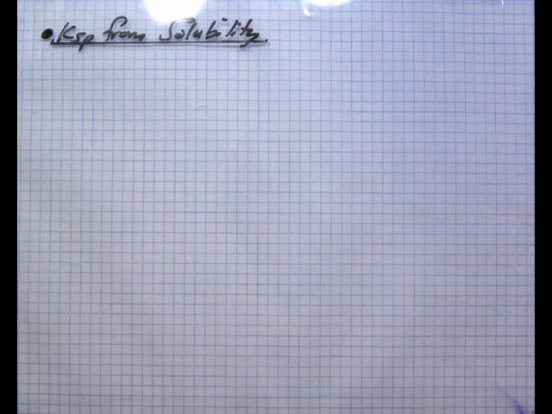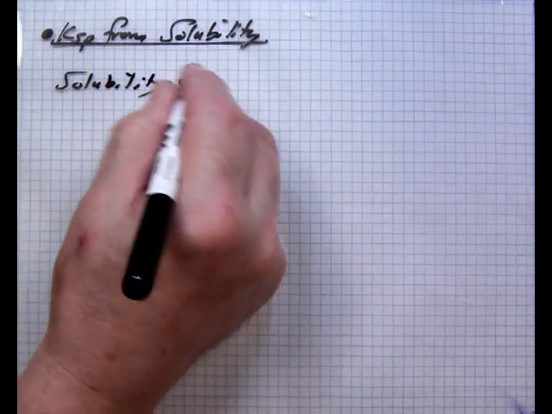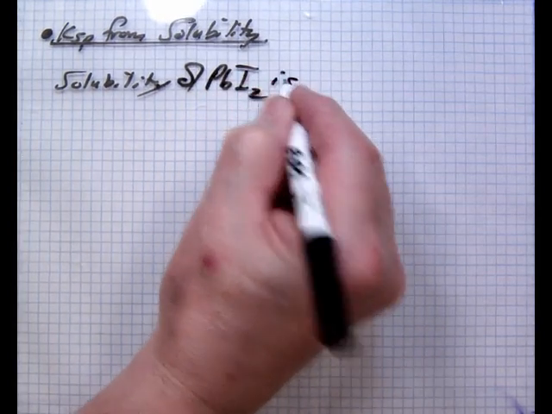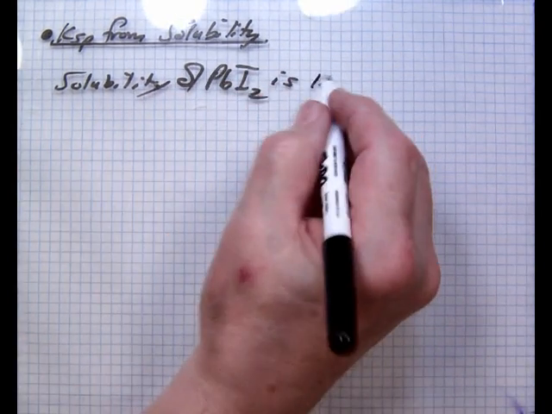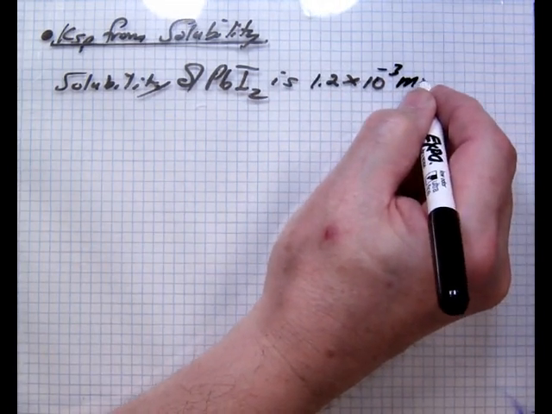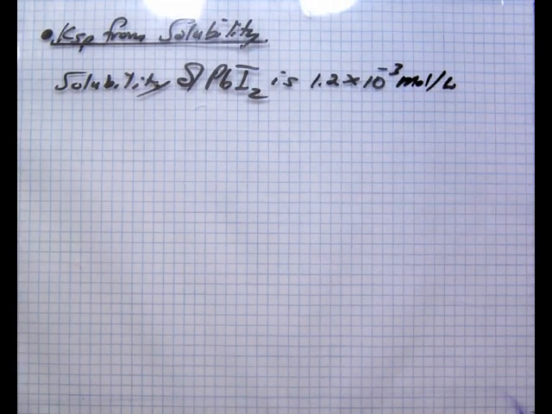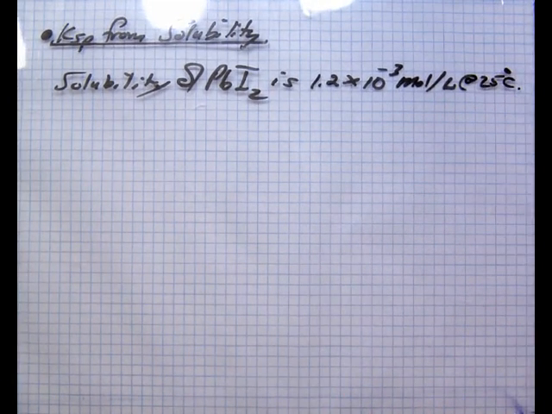The next problem type is Ksp from solubility. So you're given a solubility of one of the salts and have to back calculate to the Ksp. Okay, solubility of lead iodide is 1.2 times 10 to the minus 3 mole per liter, 25 degrees.